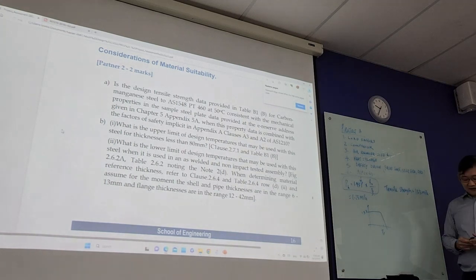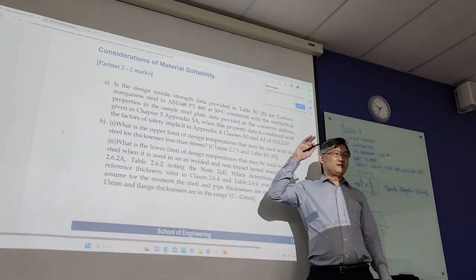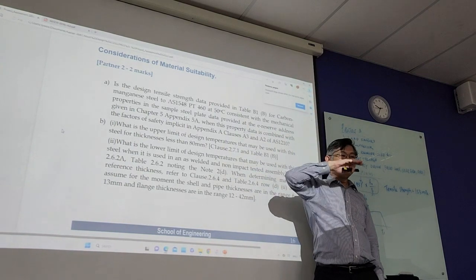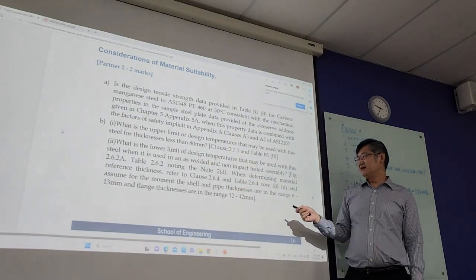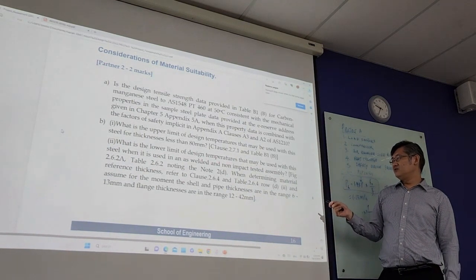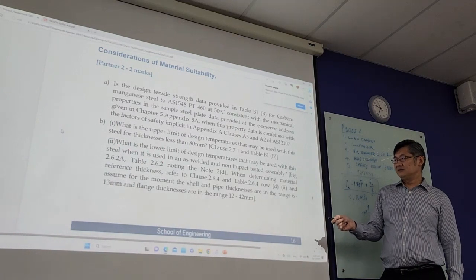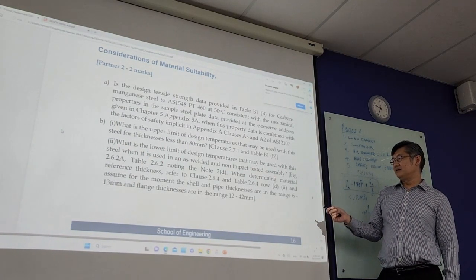Okay, all these talk about the material subject to high temperature or hot temperature and cold temperature. Part C: what is the lower limit of design temperatures that may be used with this steel when it is used in a welded and not in fact tested assembly?